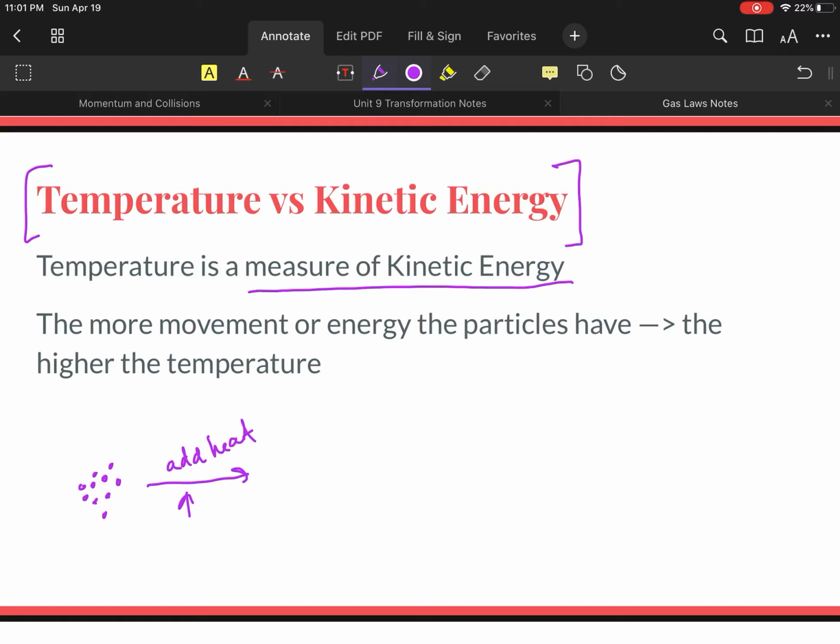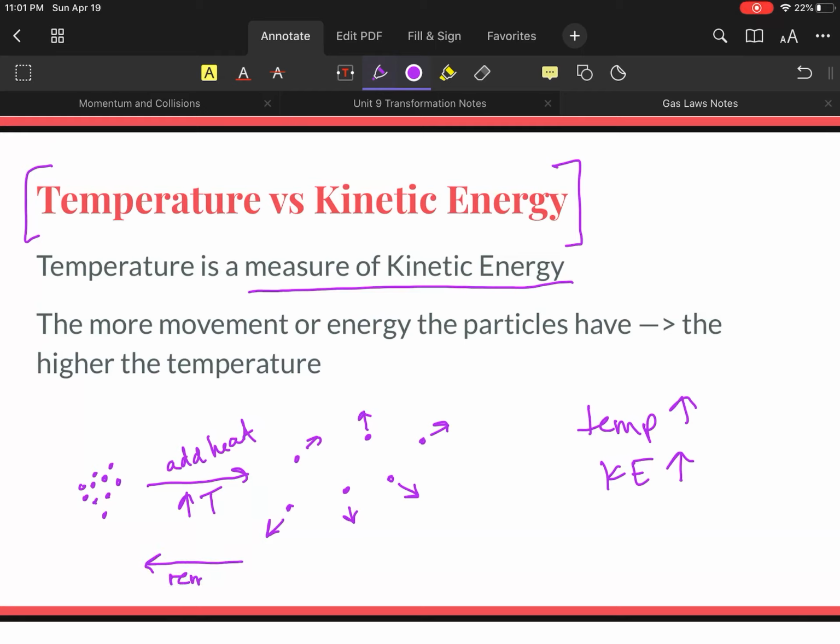If we add heat, which makes our temperature go up, what we're really doing is giving energy to those molecules. So now they're going to start moving around very quickly. They're going to start spreading out. So not only has our temperature gone up, but also our kinetic energy has gone up.